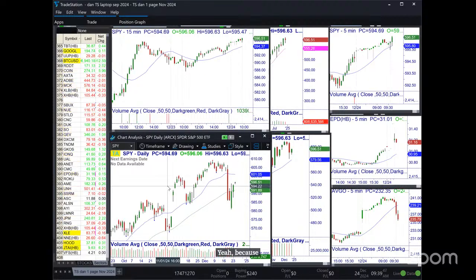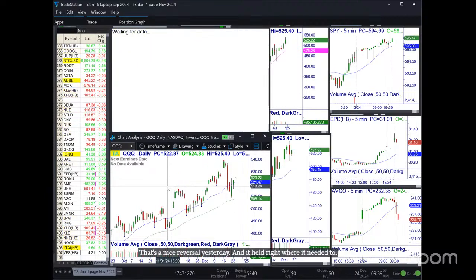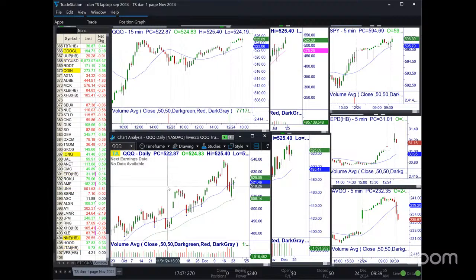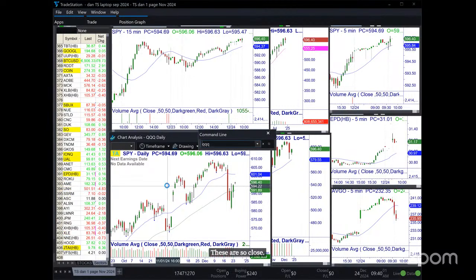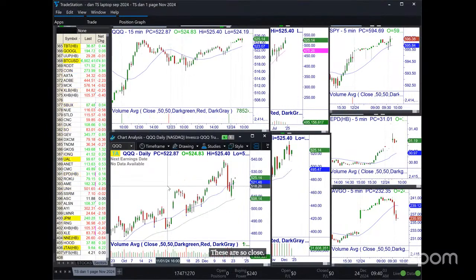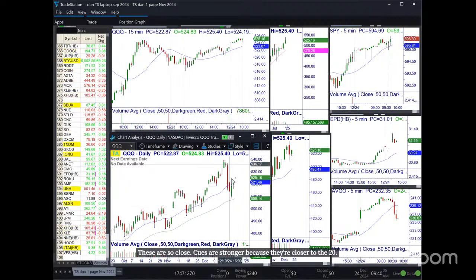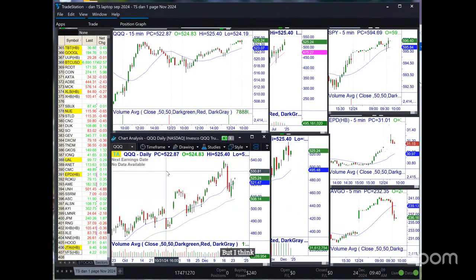Yep, that's a nice reversal yesterday, and it held right where it needed to. These are so close. Qs are stronger because they're closer to the 20, but I think spiders have a tad bigger void.